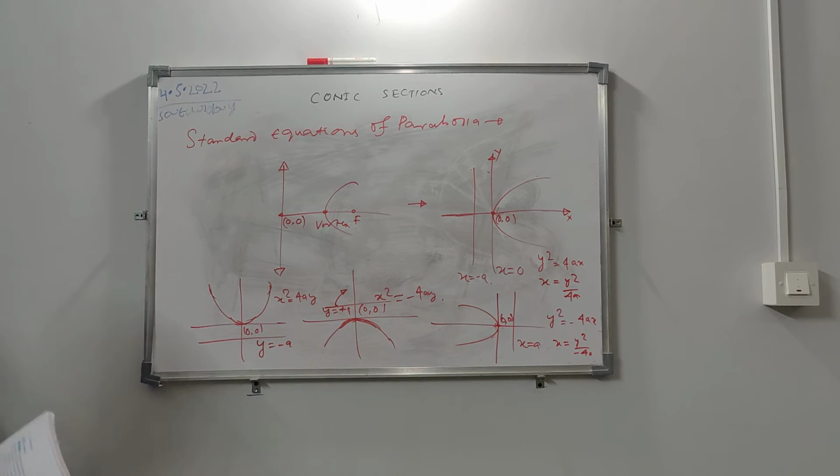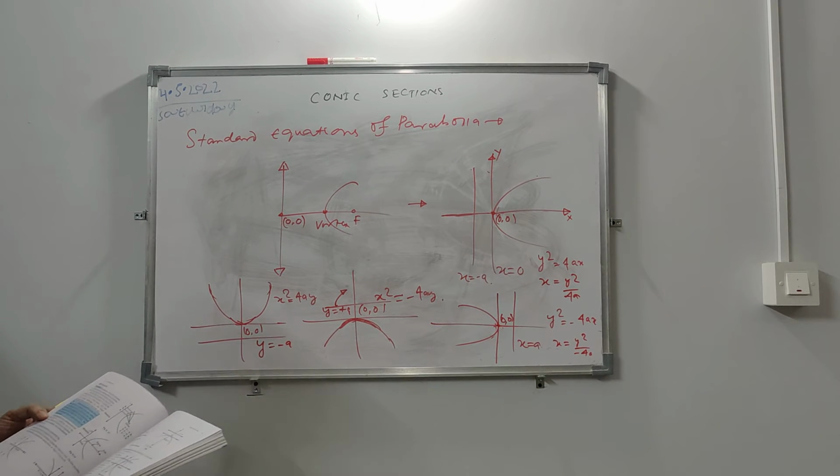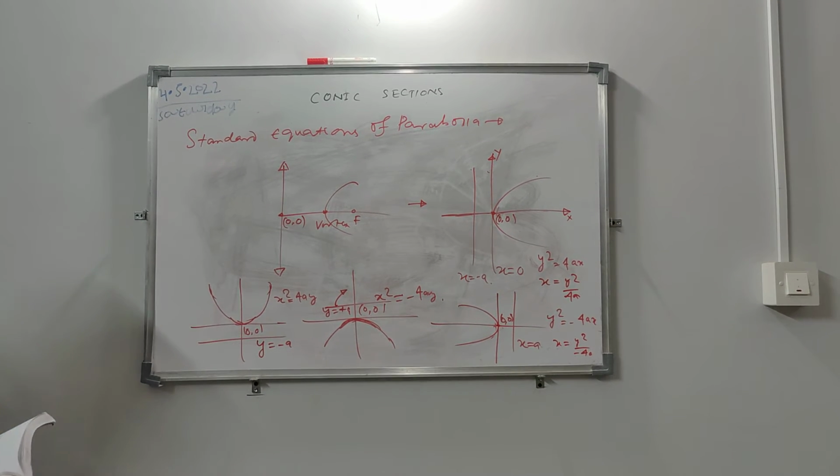These are some of the different cases. You can take a picture of this, then we will go to the generalized condition. So these are the 4 different conditions: x square is equal to 4ay, x square is equal to minus 4ay.